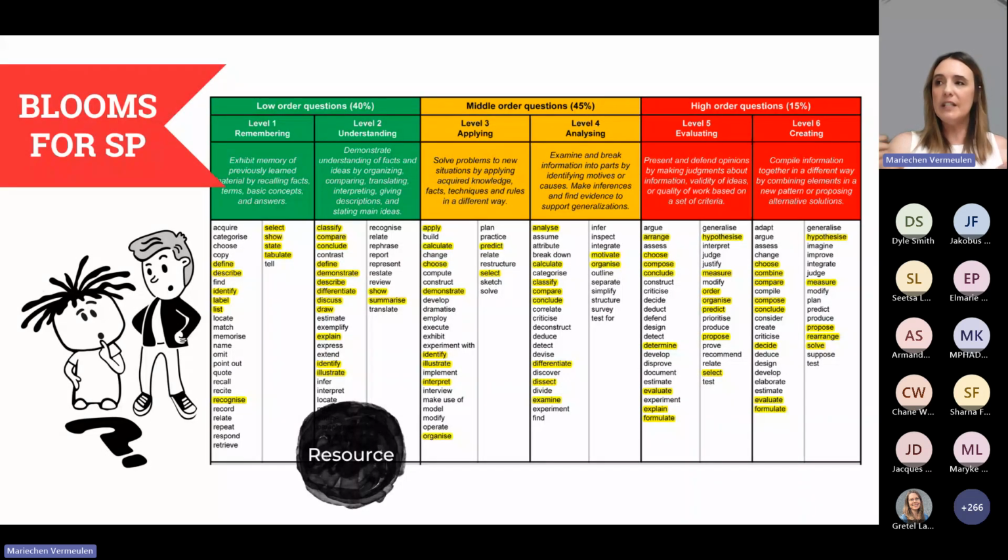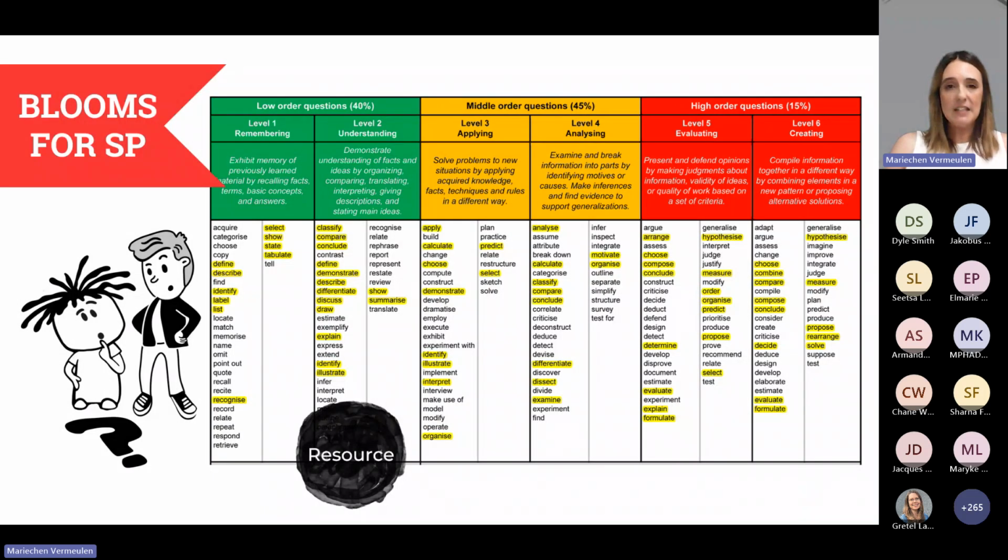So the ones that we typically use more frequently that are implied in most of our questions are highlighted for you. And as you hopefully know, the same action verb can occur on more than one cognitive level. It really depends on the context of the question. So you'll see that something like explain could be middle or higher order, depending on the context of the question.